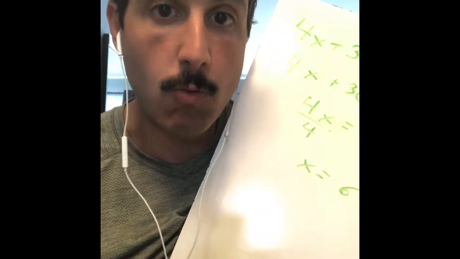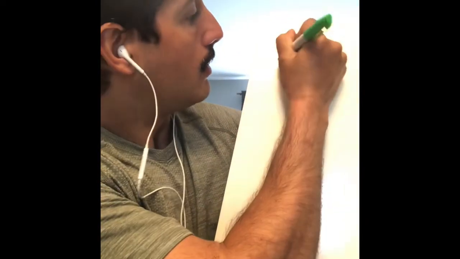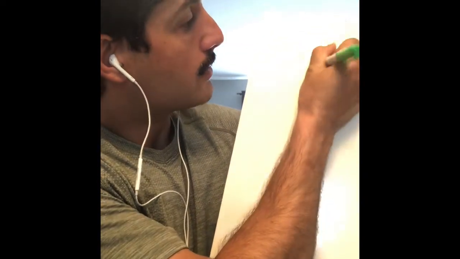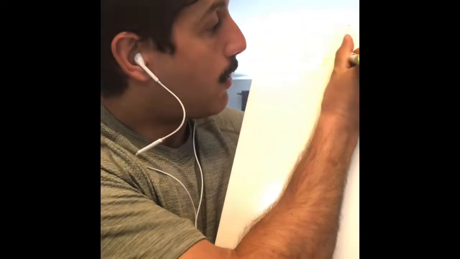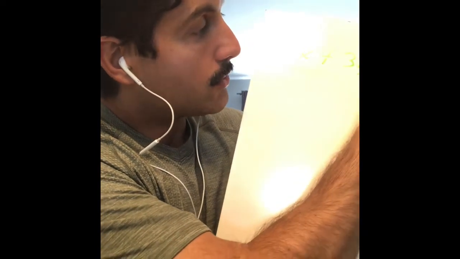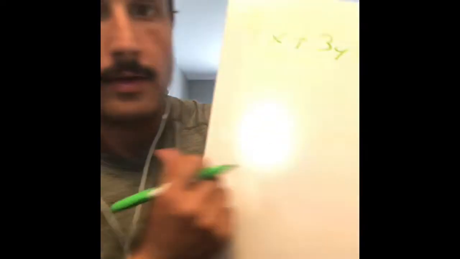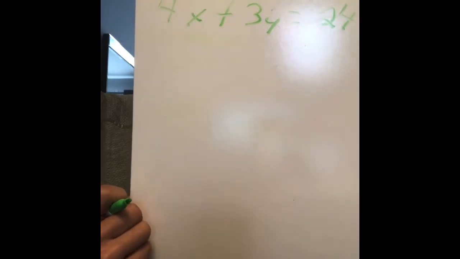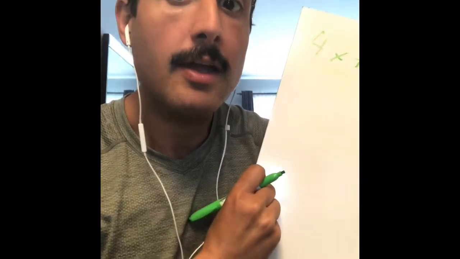Now I need to find my y-intercept as well. So same process. 4x plus 3y equals 24. It's the exact same line. This time I'm going to find my y-intercept. My y-intercept occurs when x is equal to 0.